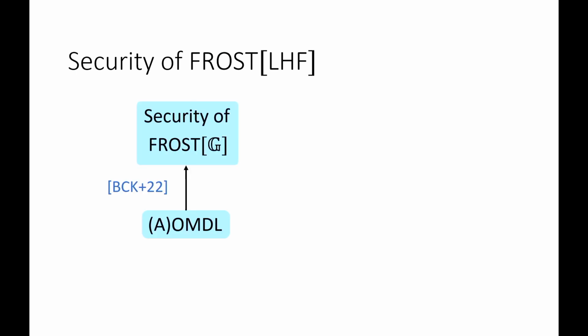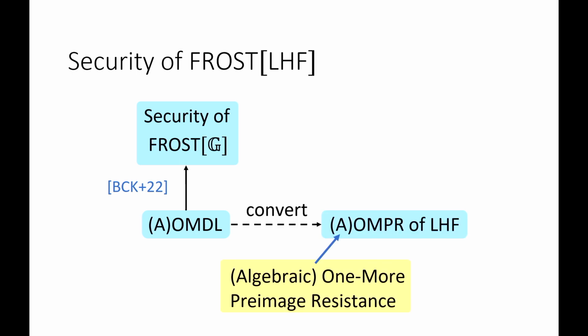To show the security of the linear hash function based FROST, the idea is to apply the same conversion to both the assumption and the reduction. The original proof shows that the security of FROST is implied by the algebraic one-more d-log assumption.